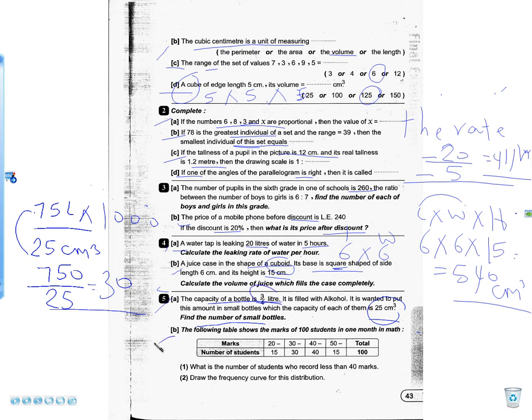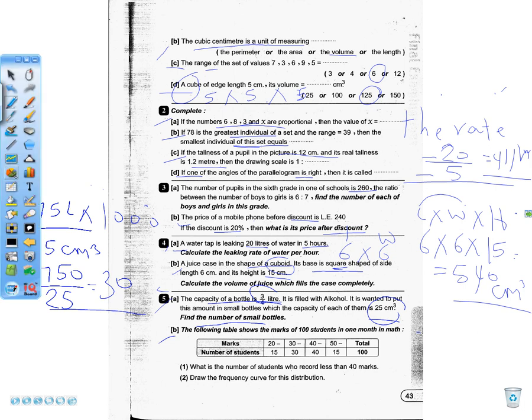Then we move to the fifth question, letter B. Here we're asked to get the center of the set. How can we get the center of the set? Do you remember?